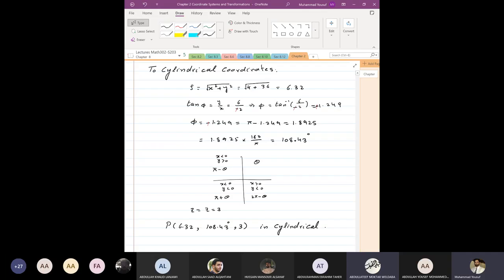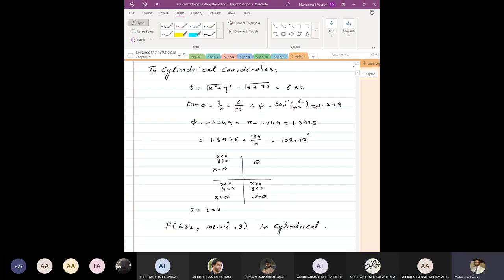You need to use your calculator. And if you are asking from the exam or quiz point of view, if numbers are like this where you cannot do it without a calculator, a calculator will be allowed. Otherwise, I will give you numbers where you can do it without a calculator.